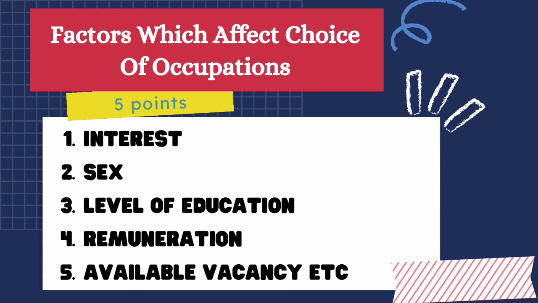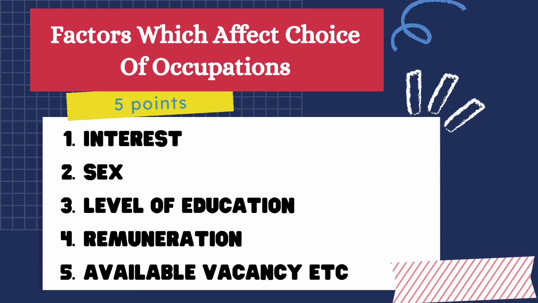Then number two is sex, either male or female. Probably you have seen places where they put a signpost that says girl needed. In such a scenario, a boy cannot apply for such a job, because why? They need a girl. They say sales girl, not a sales boy.